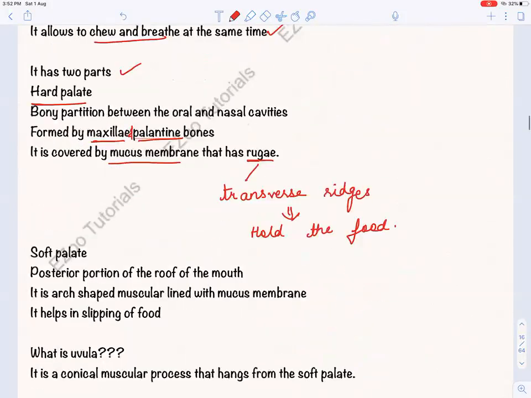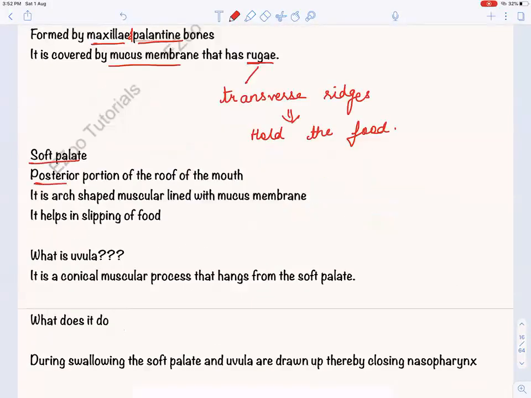Then we did soft palate. This is a posterior portion. It is arch shaped, muscular, lined with mucous membrane. It helps in swallowing. So hard palate is helping in holding, and soft palate is helping in swallowing. Then we did what is uvula. When a cartoon opens its mouth, we can see a conical thing hanging from the back of the mouth. That is the conical process that hangs from the soft palate.